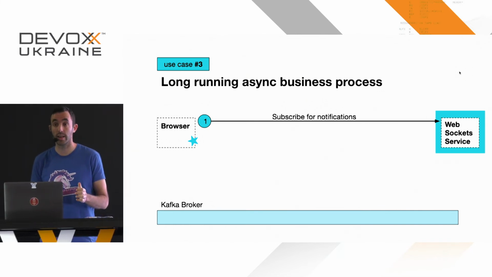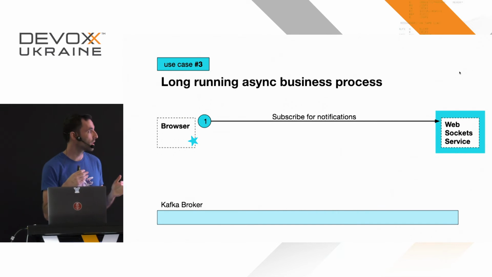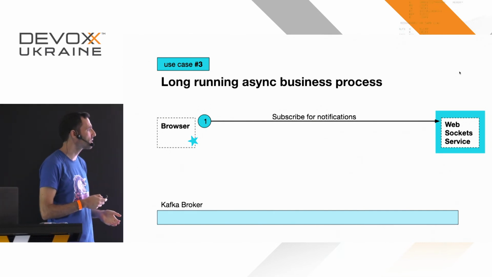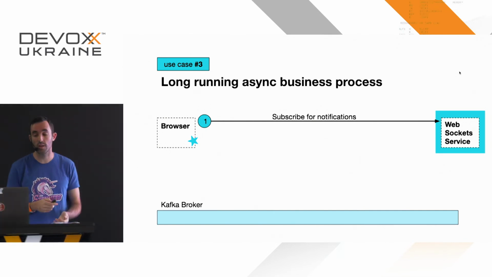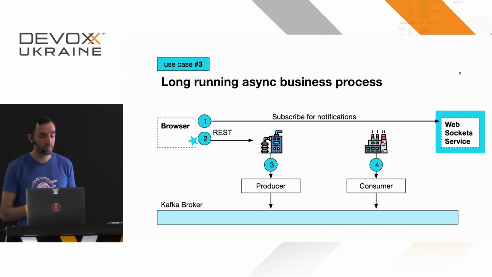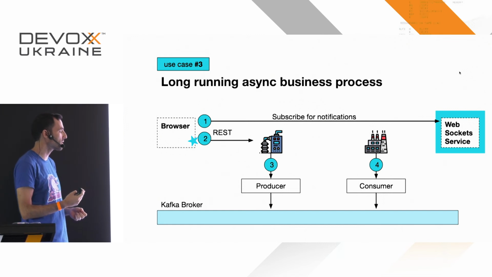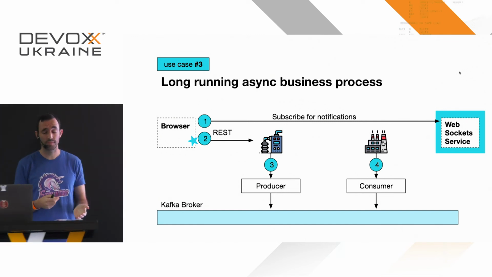So in such a scenario where you're going to use WebSockets, the browser will first subscribe to notifications from the WebSocket service we have at Wix, and then you start some complex business process using Kafka.